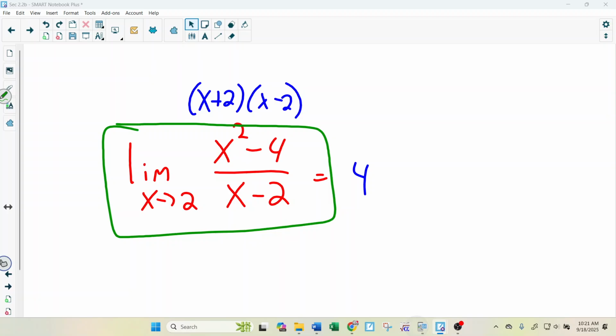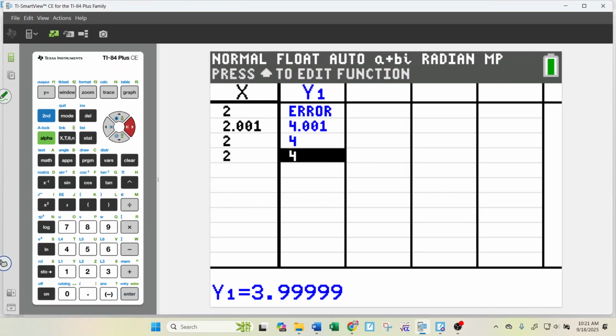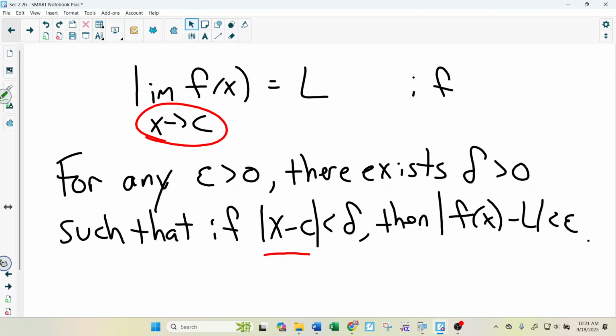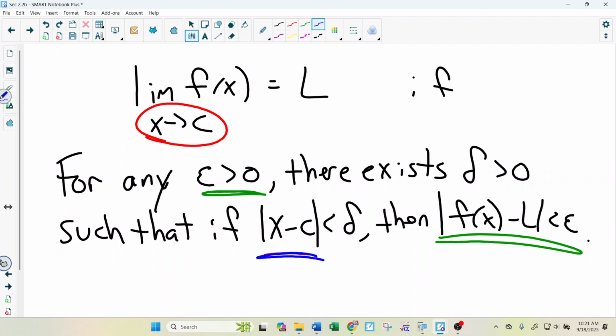Well, you can have different ideas of what close means. So the mathematical way of doing that is to say, no matter how close you want to be to 4, that's my epsilon, I can find a number that close. That's the whole idea of what the epsilon delta stuff is.